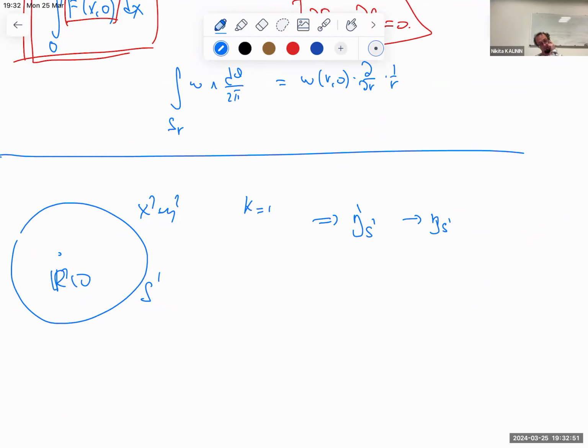So how to find it? What would you suggest? We need to find some form such that the integral over S1 of i upper star omega is equal to the integral over R2 without 0 of omega wedge eta S1 prime, for example.